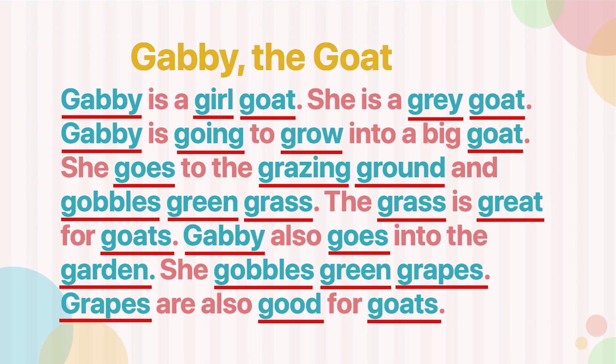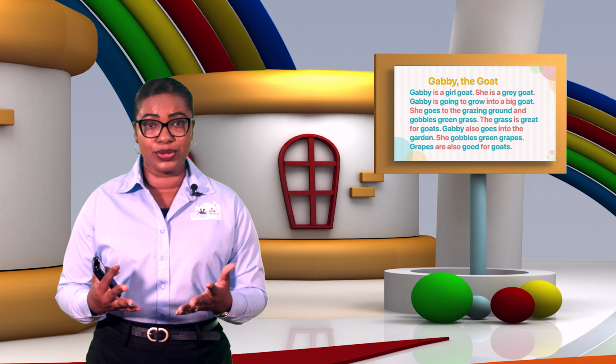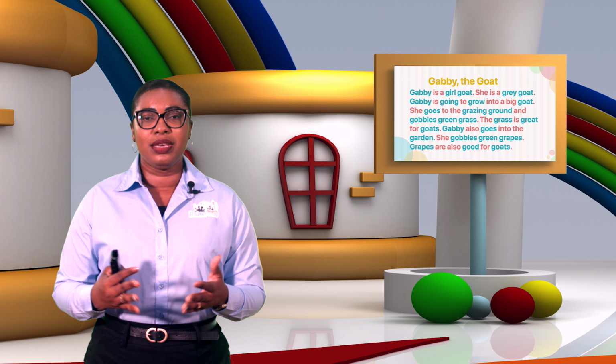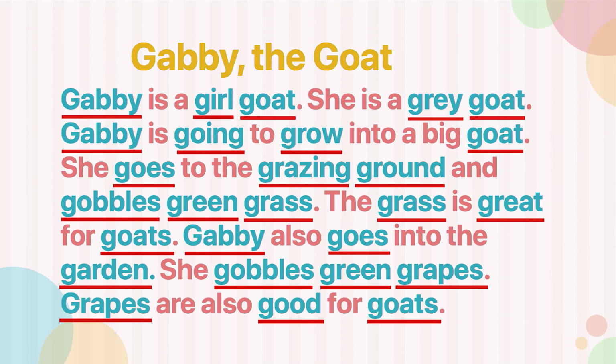So let's call our words that begin with our gorgeous G again from the story. Gabby, girl, goat, gray, going, grow, goes, grazing, ground, gobbles, green, great, garden, and good.